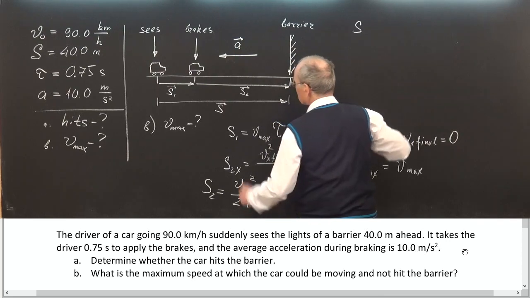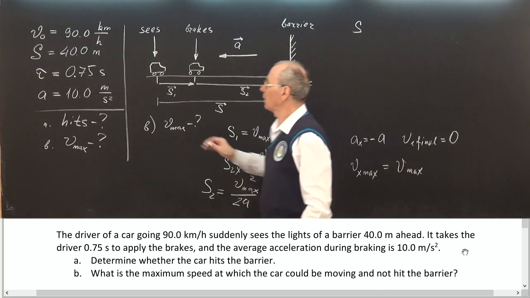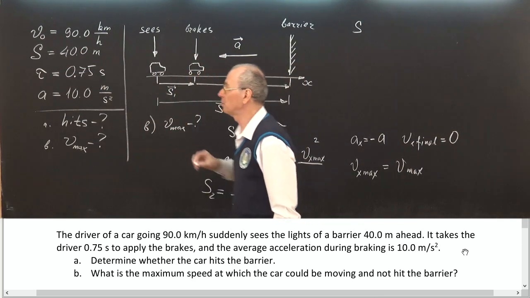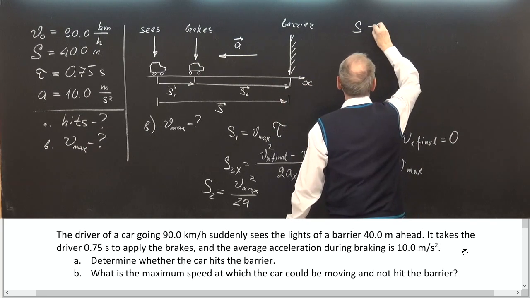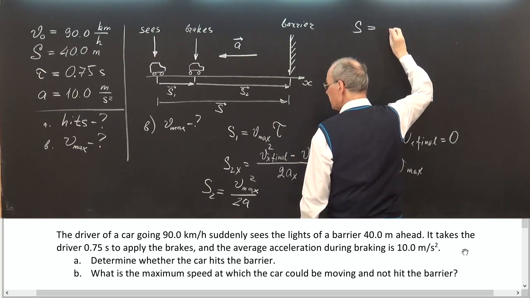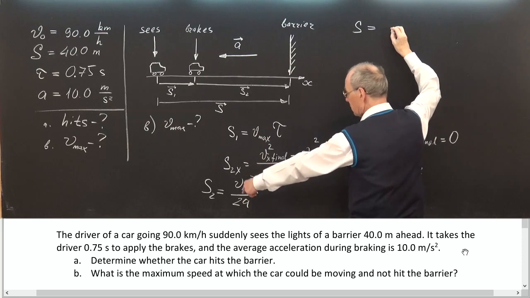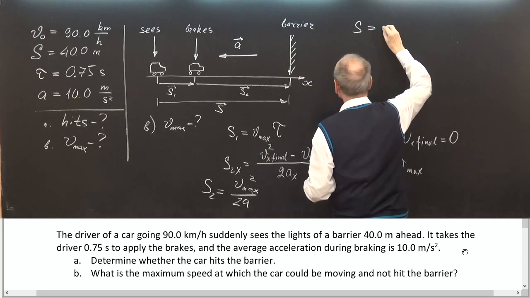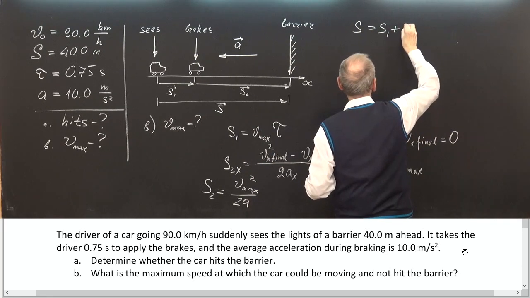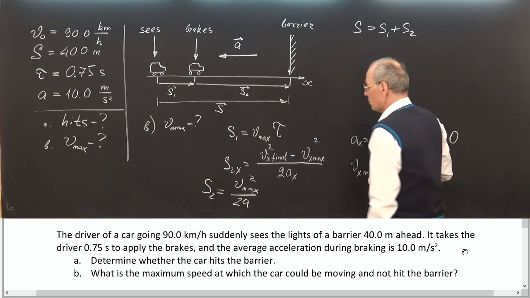The total displacement, or total distance, is 40 meters, the sum of these two values, S1 plus S2.